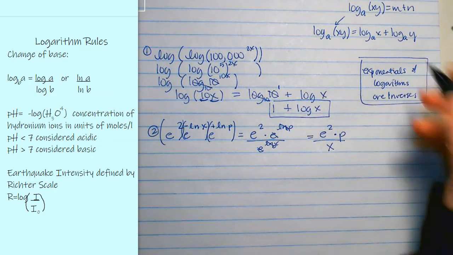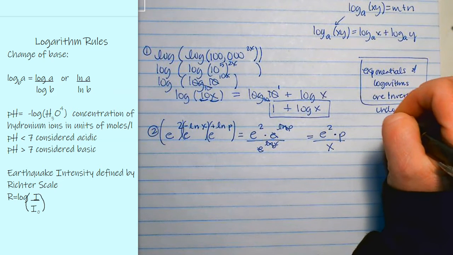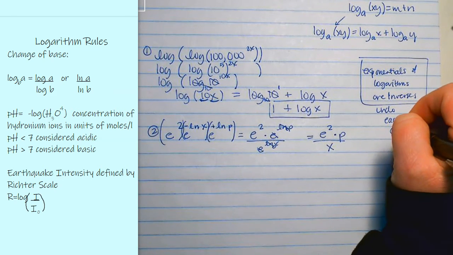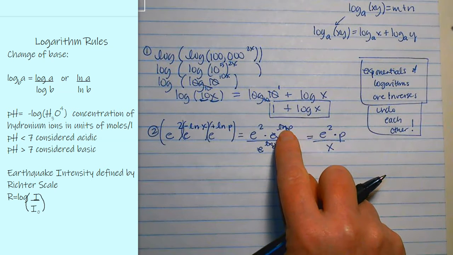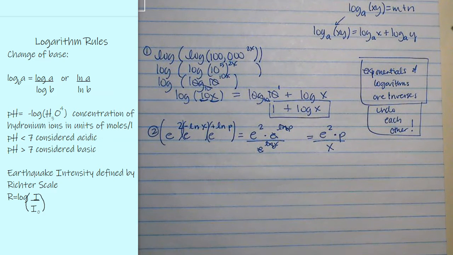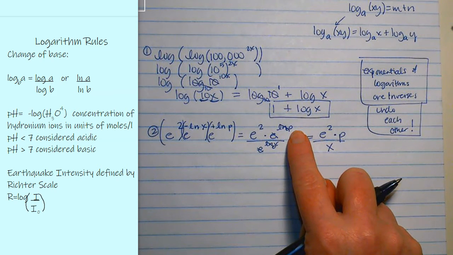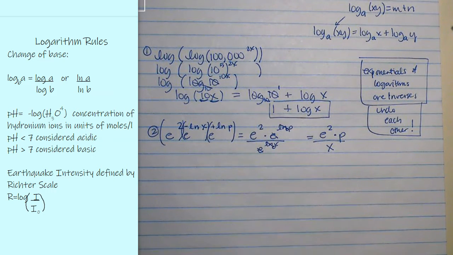They undo each other. So when we have an exponential, e to the power, and we have a logarithm, natural log of e, they undo each other and we just have p out. So there's two examples of some of the kind of problems that you have for homework tonight.